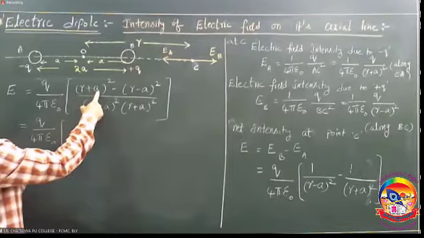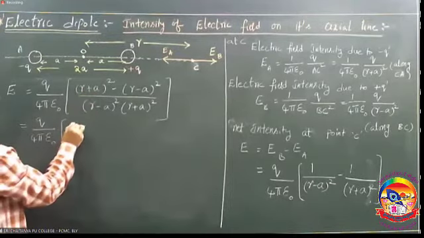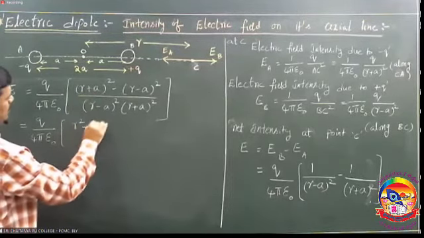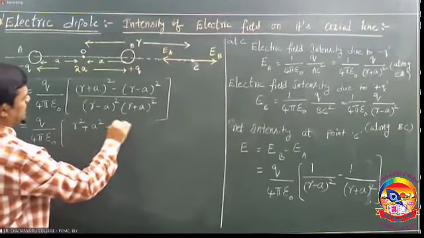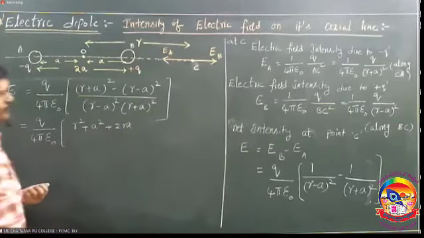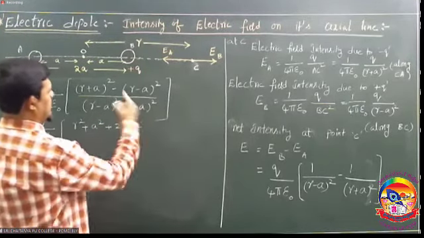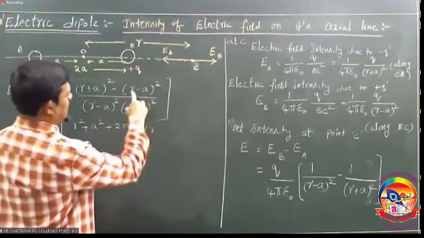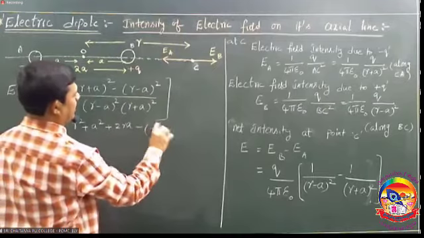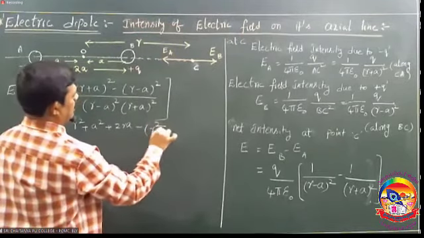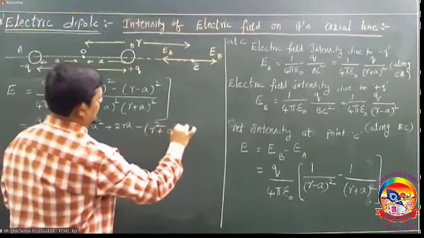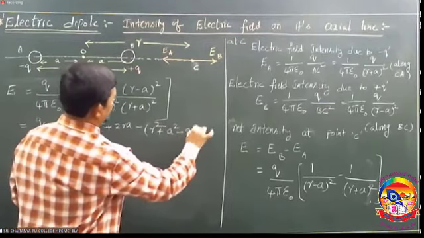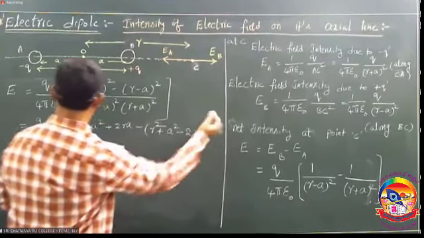You check: a plus b whole square, r square plus a square plus 2ra, minus a minus b whole square, r square plus a square minus 2ra.